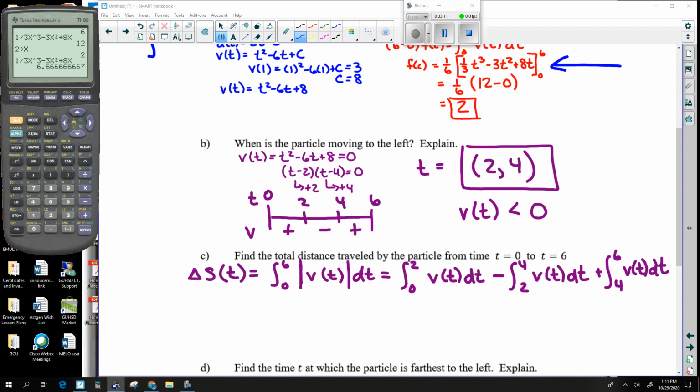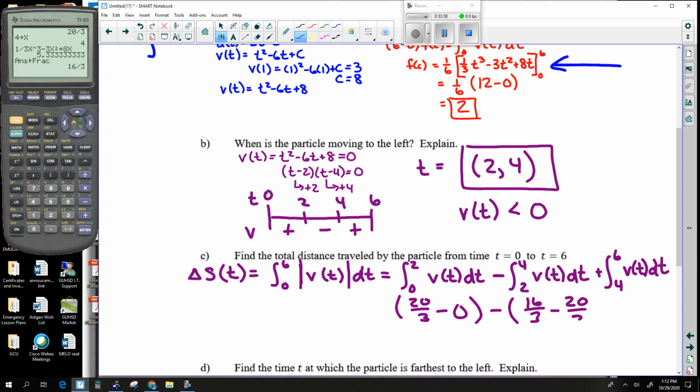So 2 has a value of 20/3 minus the value of 0, which is 0, minus the value at 4, which is 16/3, minus the value at 2, which was 20/3. So notice how that is negative, but now it's positive because of the minus.